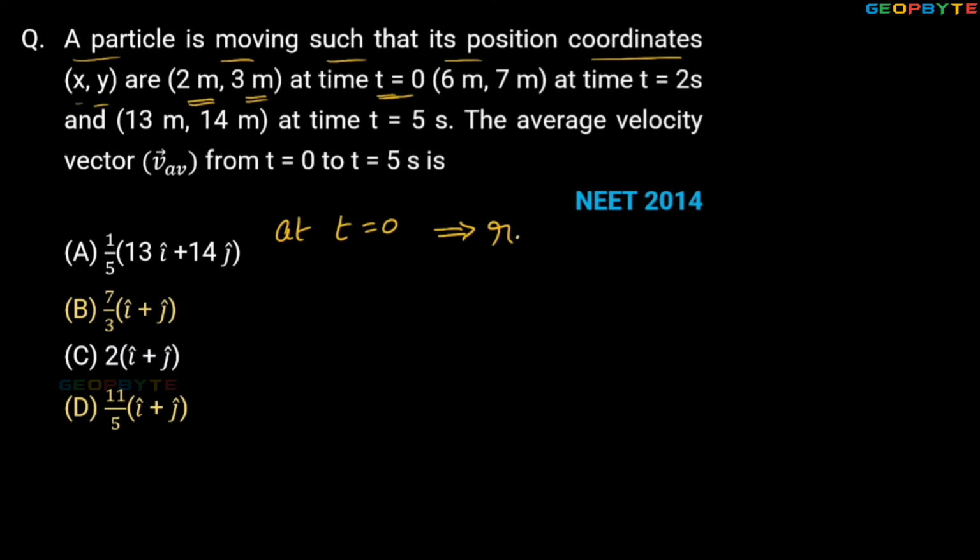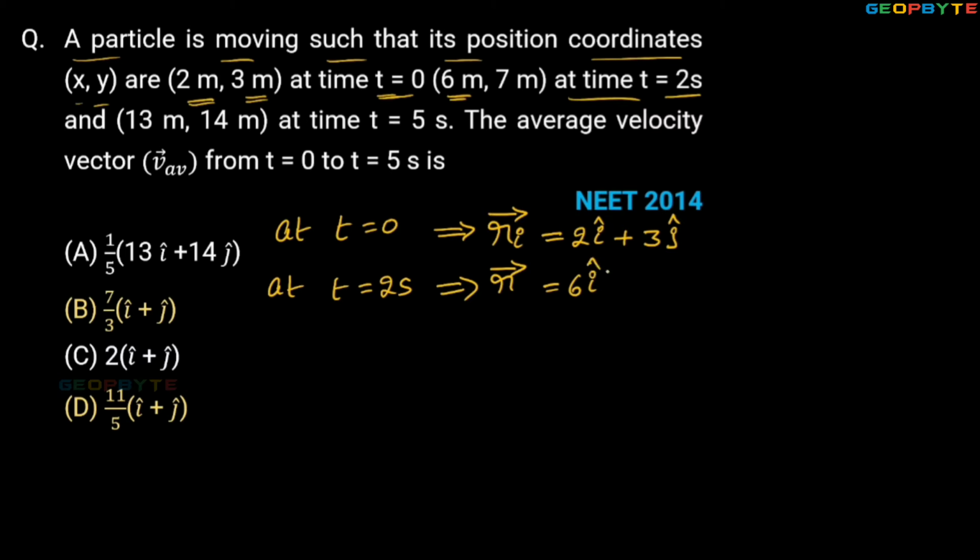It is given: initial position equal to 2 i cap plus 3 j cap, and at t equal to 2 seconds, r bar equal to 6 i cap plus 7 j cap, which is in meters.